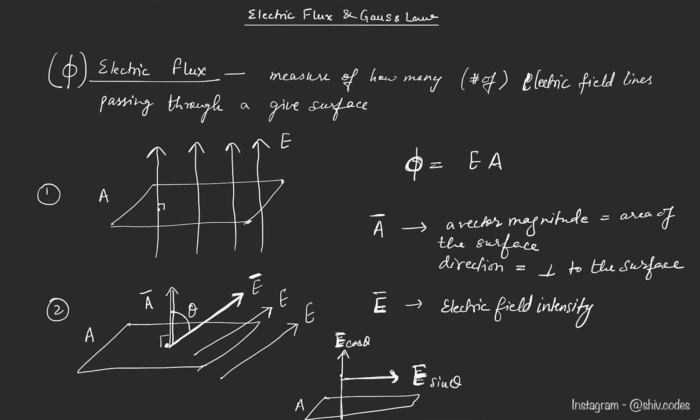So the flux can be denoted by area times the perpendicular component, which is E cos theta. And if you have studied vectors, then we can write this flux as A vector dot product E vector.